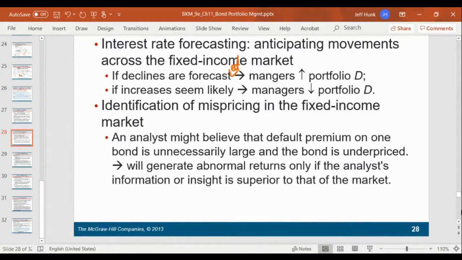Actually, interest rate forecasting for the short term, like less than 1 year, is relatively not that difficult, or relatively more accurate, I would say, because it is short term, and there's always guidance from the Federal Reserve.